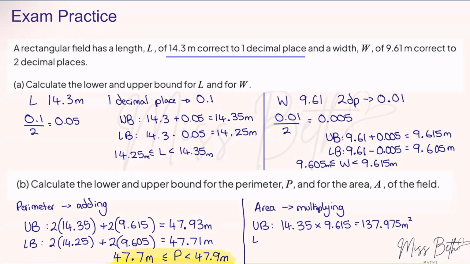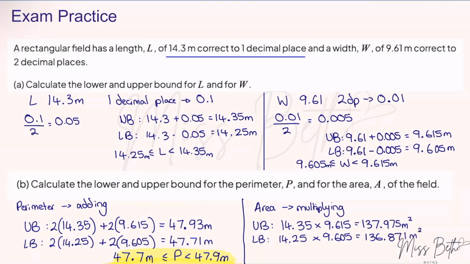For your lower bound, same process, but just using the lower bounds. So 14.25 multiplied by 9.605. And that would give us 136.871 meters squared.